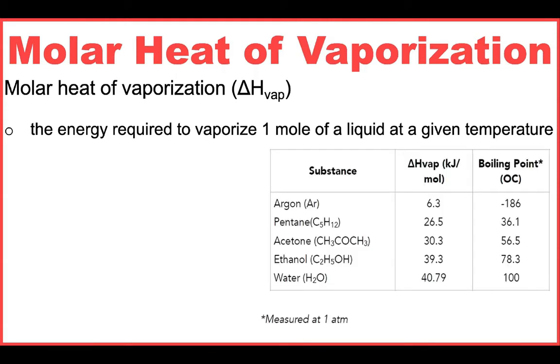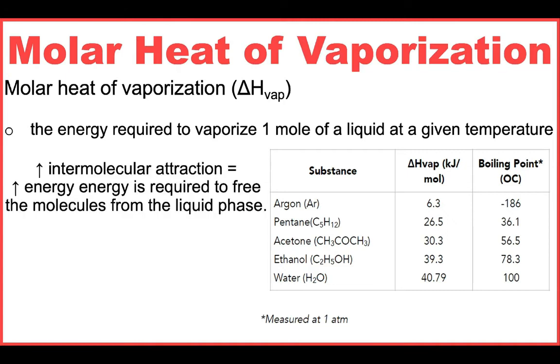This table shows the molar heats of vaporization and boiling points of selected substances. Remember, the heat of vaporization may be considered a measure of the strength of intermolecular forces present in the liquid. If the IMF is strong, it takes a lot of energy to free the molecules from the liquid phase, and therefore the heat of vaporization will be high.